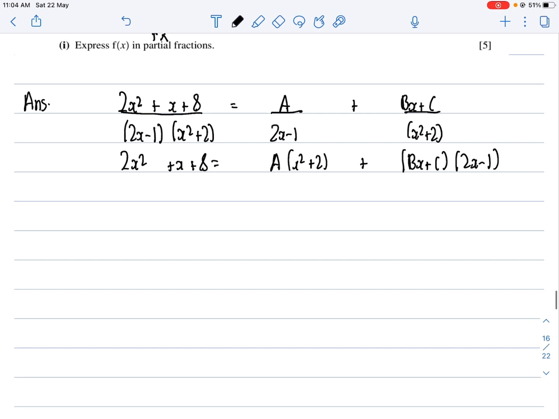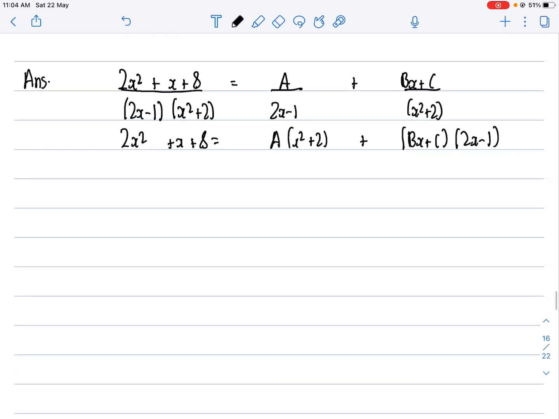Now, let's say I want to find a. To find a, I know this full part needs to be 0. That means I can equate 2x minus 1 to 0. So for finding a, I can equate 2x minus 1 to 0, so I'll get my x as half.